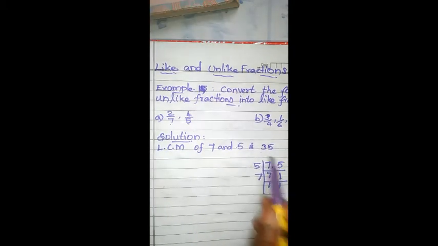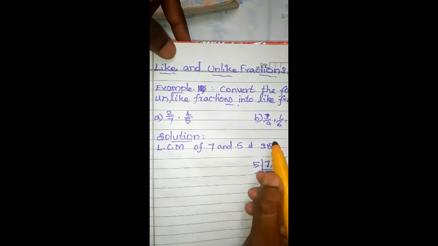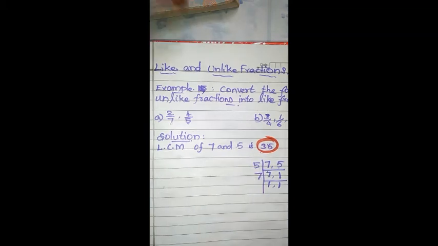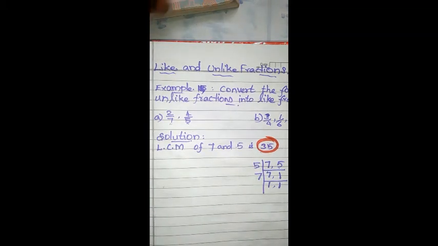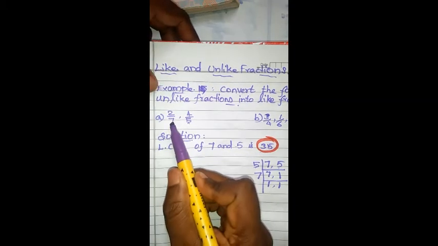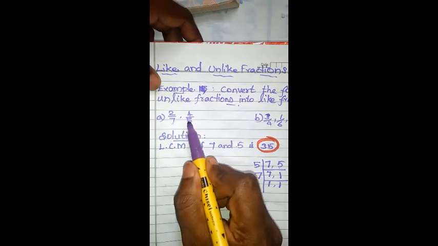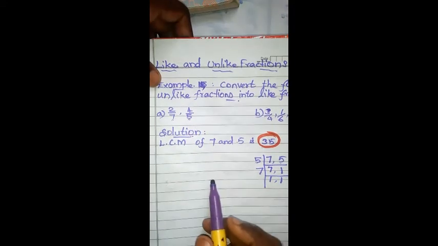So this is the LCM. 35 is the LCM of 7 and 5. Correct. Then what to do? Our aim is to change the denominators 7 and 5 into the same denominator. Now almost you got the idea, right?